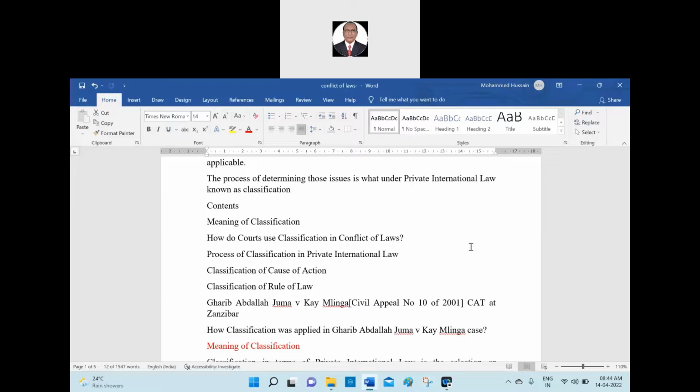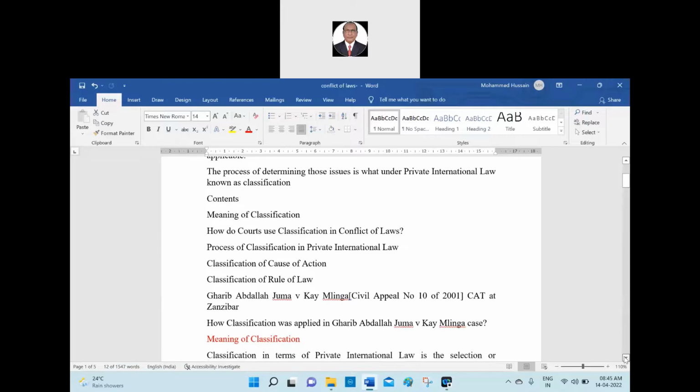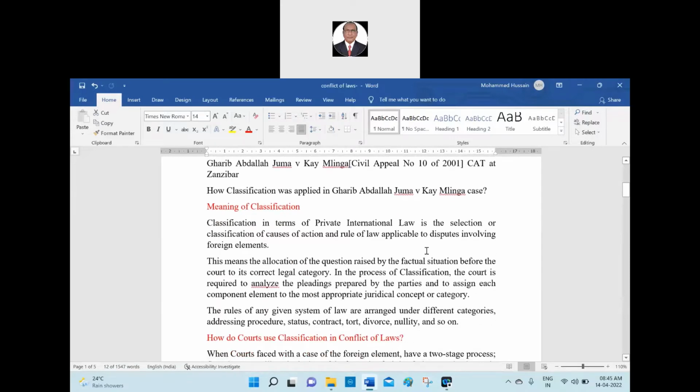Then a case law is there, the famous Gharib Abdullah-Juma versus K. Milanga, 2001, the Court of Appeal at Zanzibar. Now let us see how classification was applied in the Gharib Abdullah-Juma versus K. Milanga case in the later part.